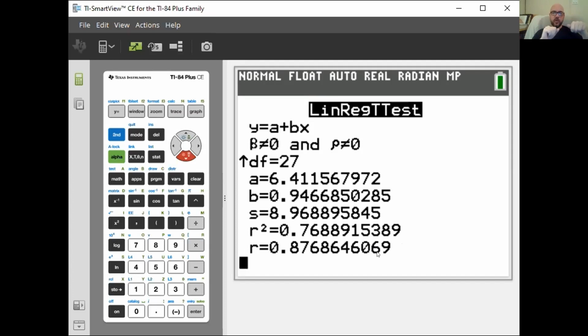And so the test that we're going to do is based on R. Is R far enough away from 0 that it makes us think that rho is not 0, right? Just to be clear about what I mean by a corresponding parameter, here's the idea. R measures how much of a straight line our data is, how correlated X and Y are.